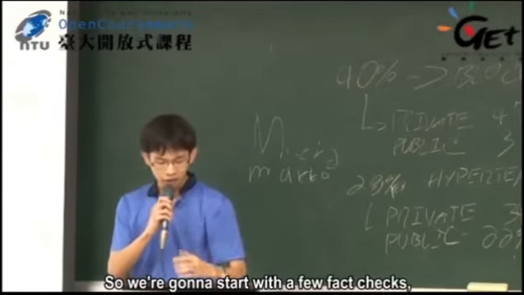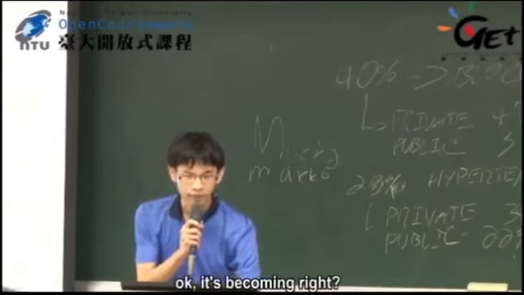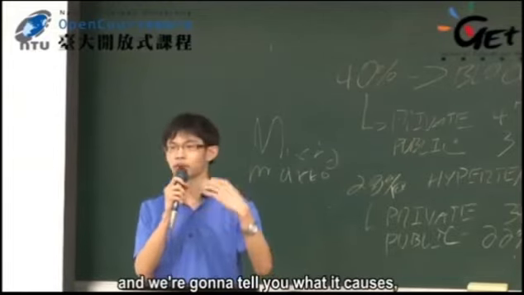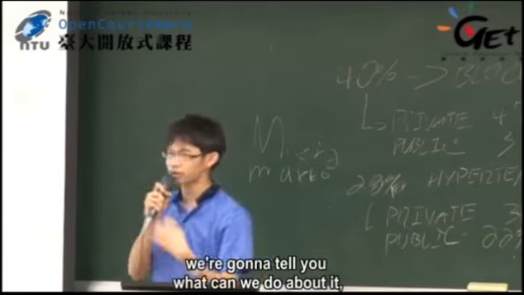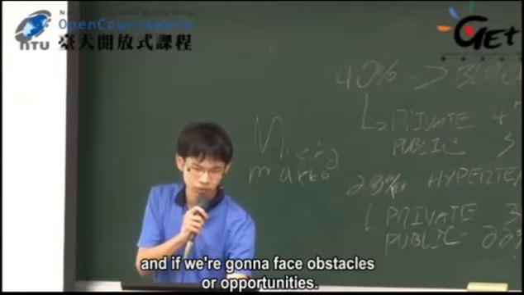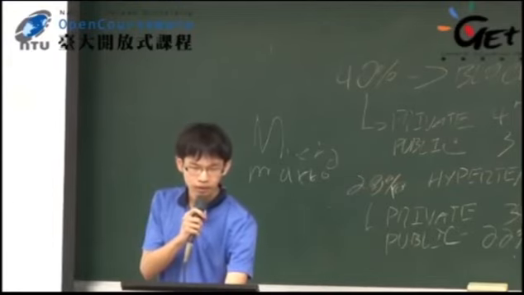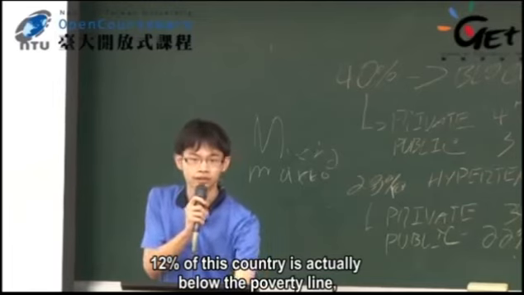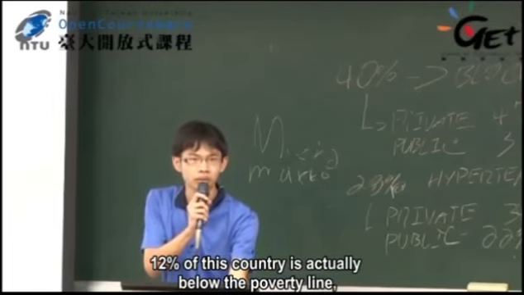We're going to start with a few fact checks. You see the content, right? We're going to tell you a few facts we found, what the causes are, what we can do about it, and whether we'll face obstacles or opportunities. According to statistics, 20% of this country is below the poverty line.